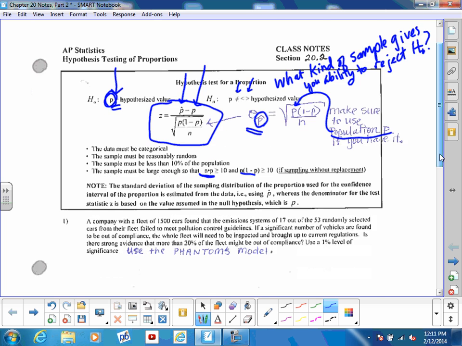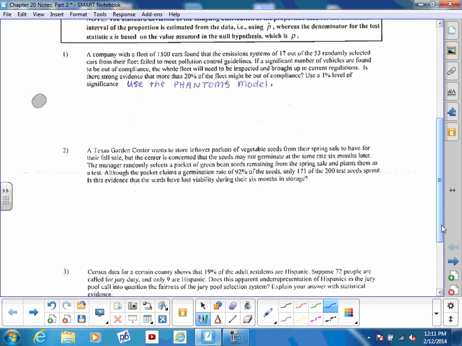Okay, so let's do number one completely together. Here we go. A company with a fleet of 1,500 cars found that the emission systems of 17 of those 53 randomly selected cars from their fleet failed to meet pollution control guidelines. Okay.